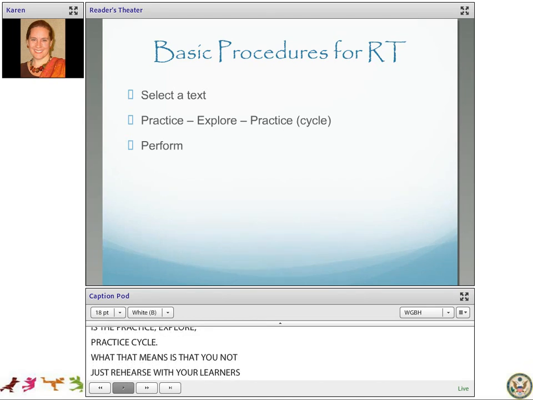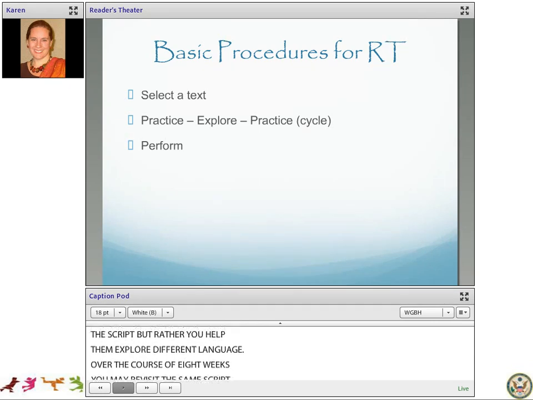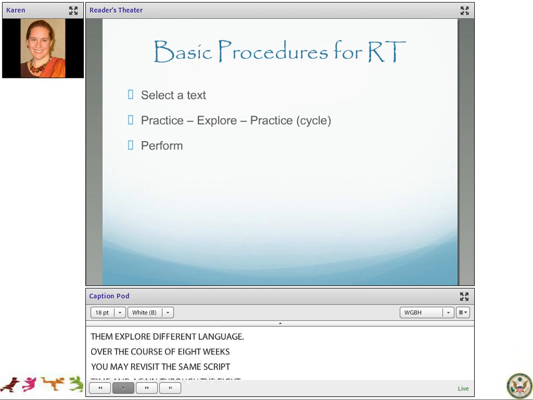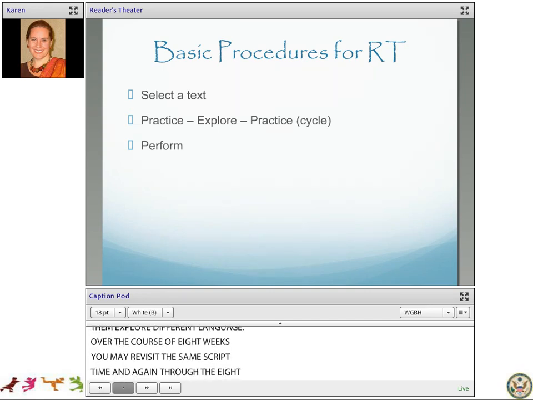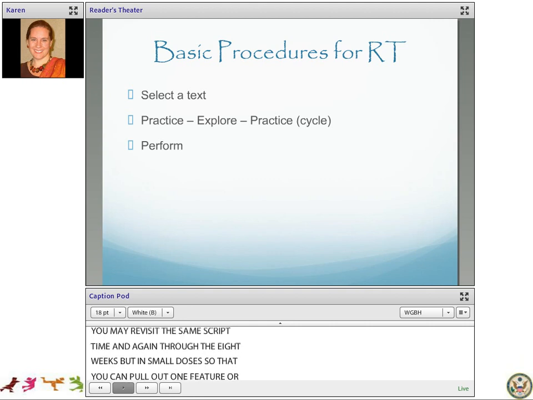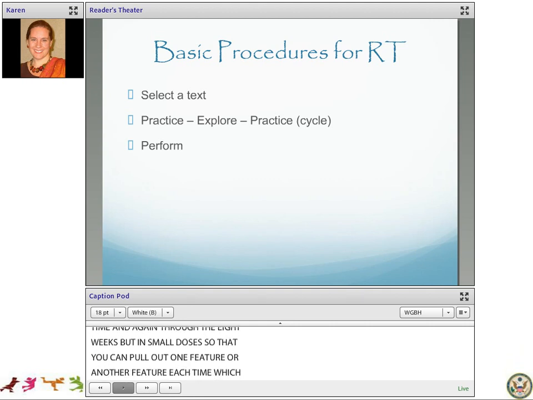So for example, over the course of 8 weeks, you may revisit the same script time and again, but in small doses so that you can pull out one feature or another each time, which then minimizes that feeling that they're just repeating, which they aren't. They're rehearsing with a different awareness, and that rehearsal is robust and enduring.